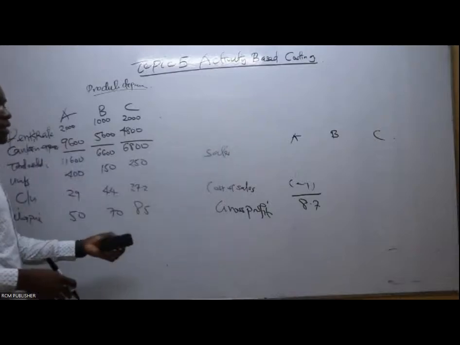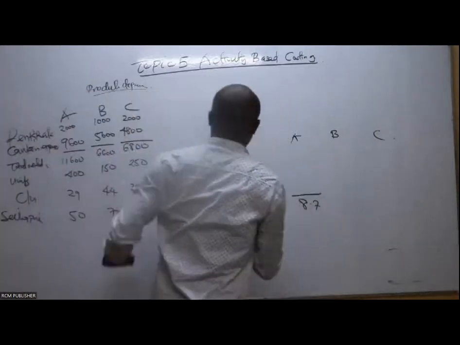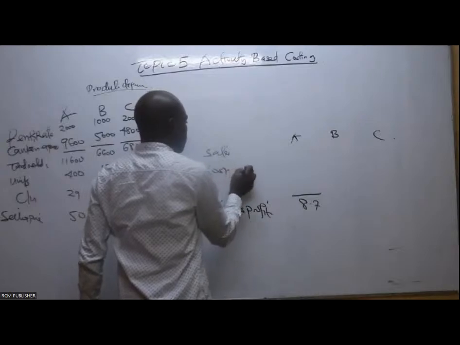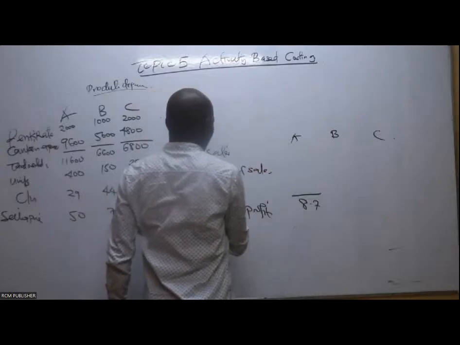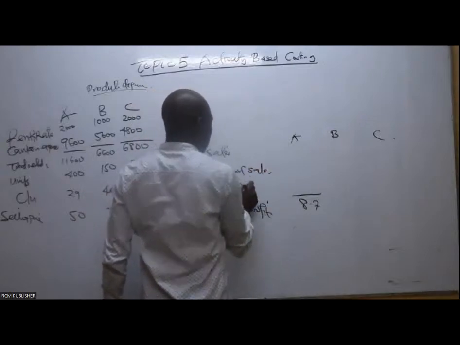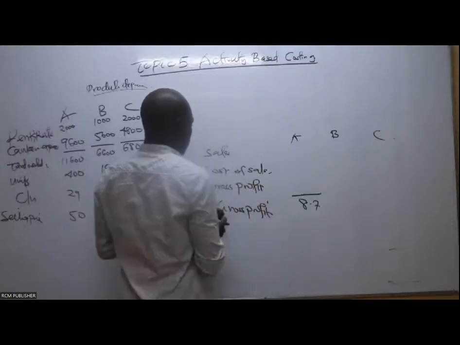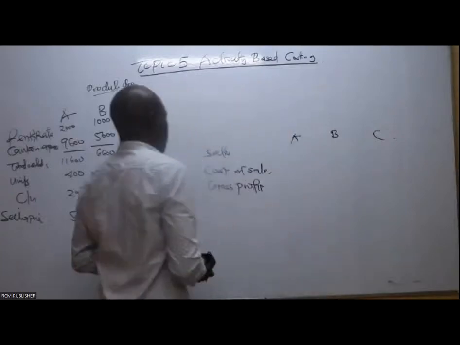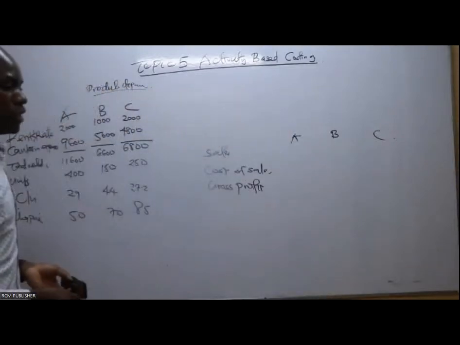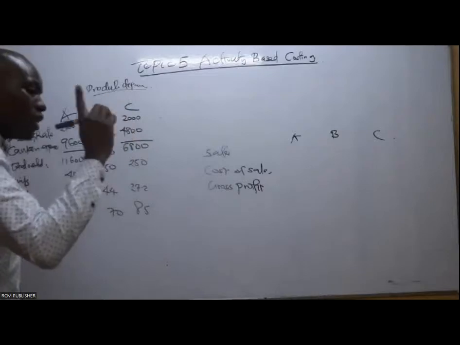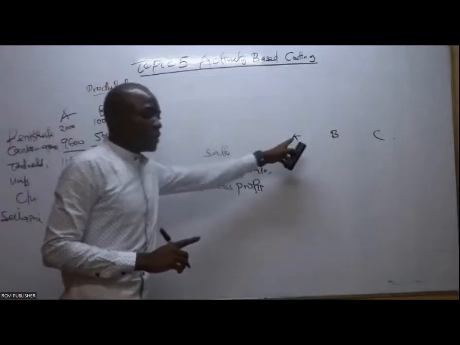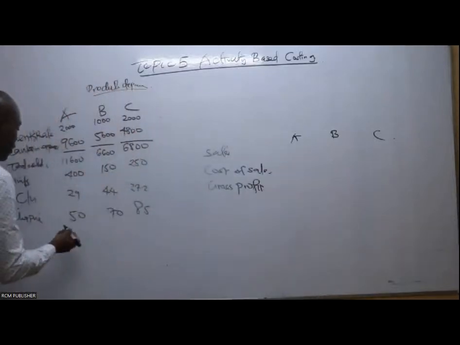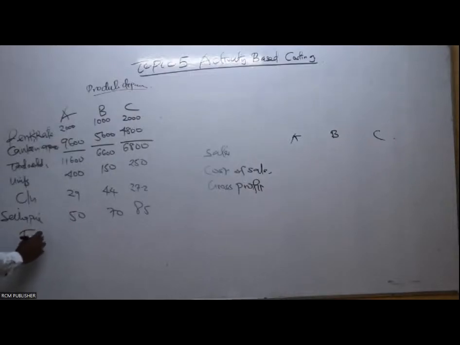Then we subtract cost of sales for us to get gross profit. Then they tell you that for the entire organization, these are departments. For the entire organization, they add what we call fixed costs.